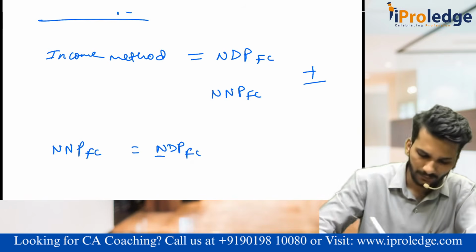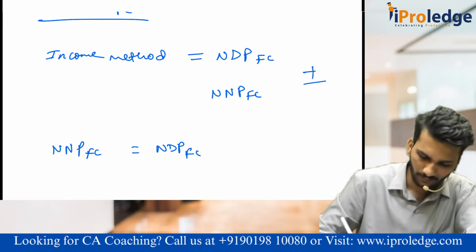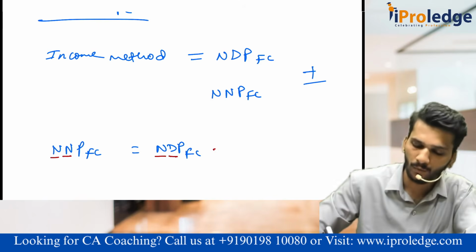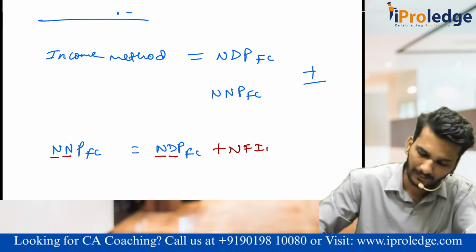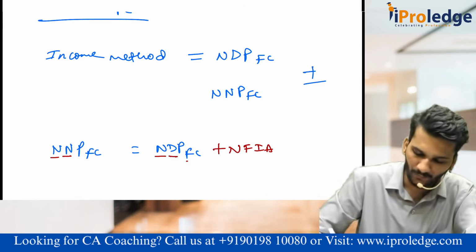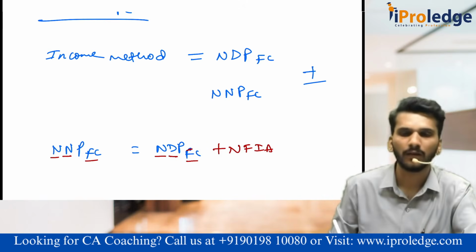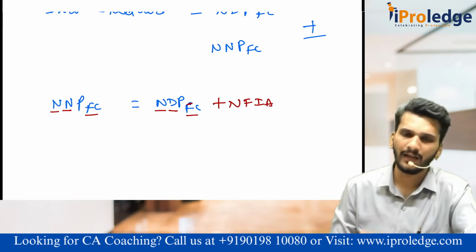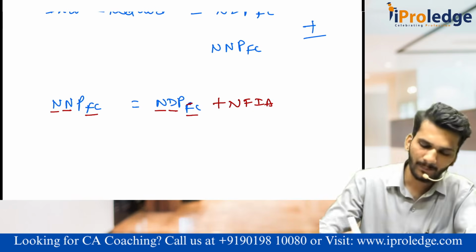We have net, we want net. We have domestic, we want national, so plus NFIA. We have factor cost, we want factor cost, both are same. Is it okay? That means just by adding the NFIA, you get this NNPFC.